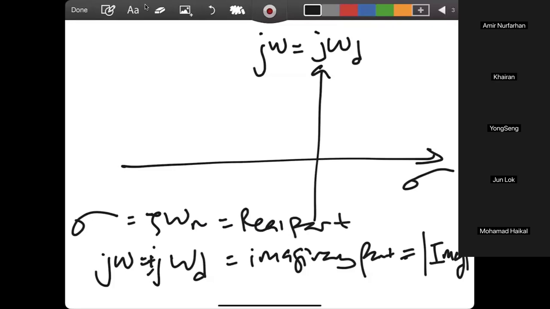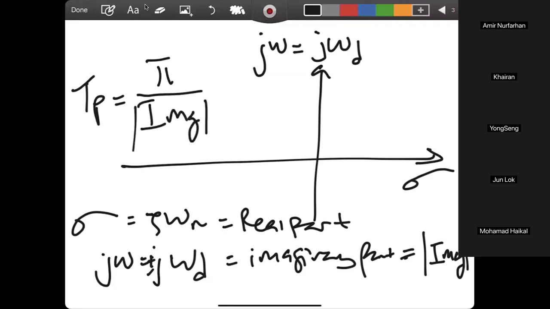So we can write the peak time Tp as pi divided by the imaginary part.